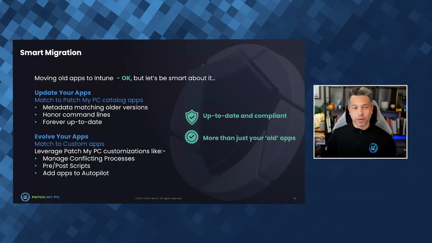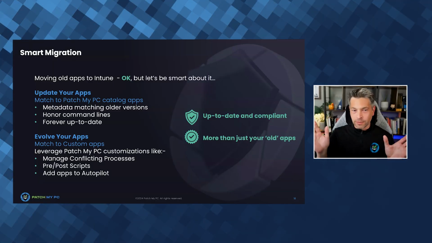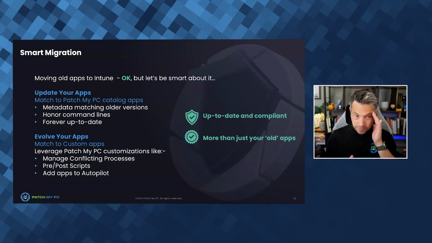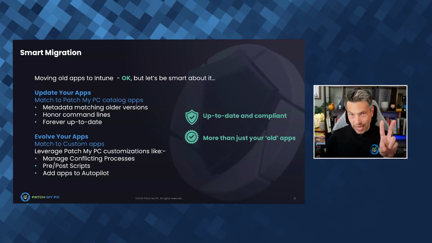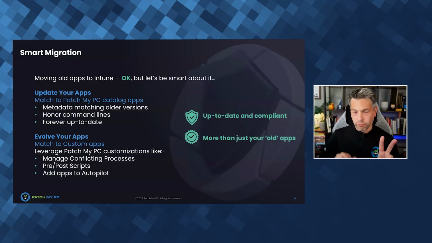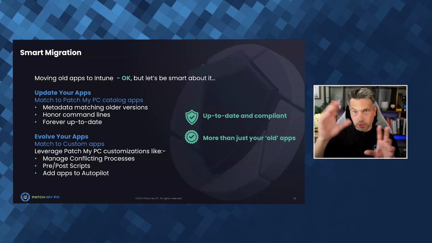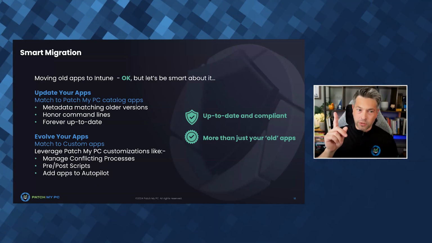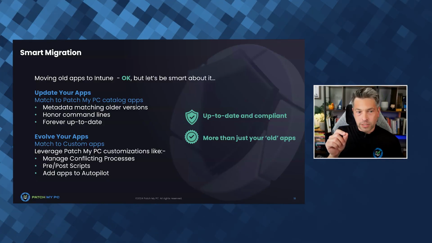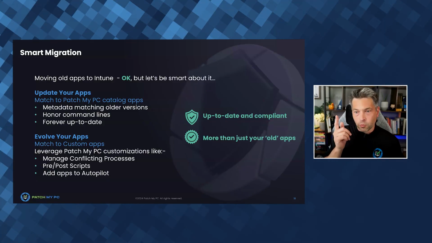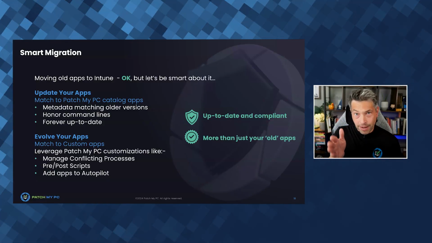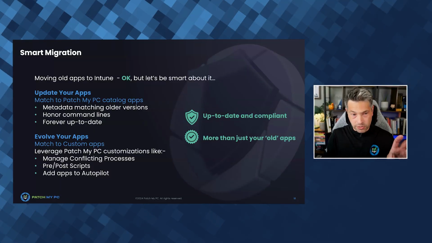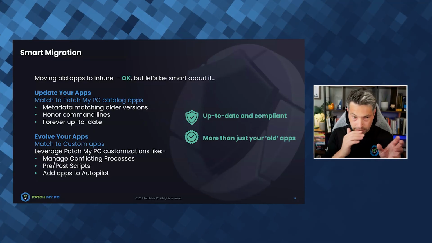So what we're saying is we're not just lifting and shifting. We can be much smarter about that. There are two approaches we have initially for private preview, and we're going to expand on these and give more opportunity as the feature matures. The first thing we're going to do is update your applications. We will confidently match the applications you have in ConfigMgr through a variety of methods and metadata.